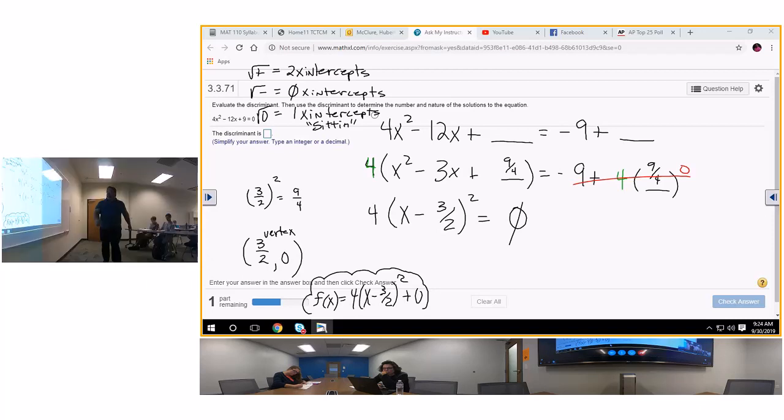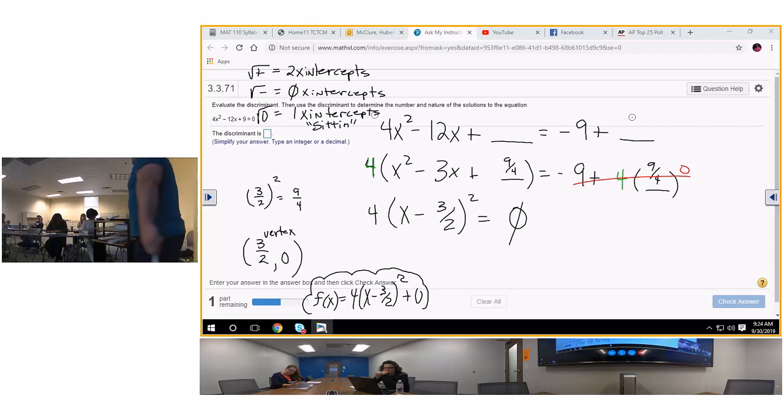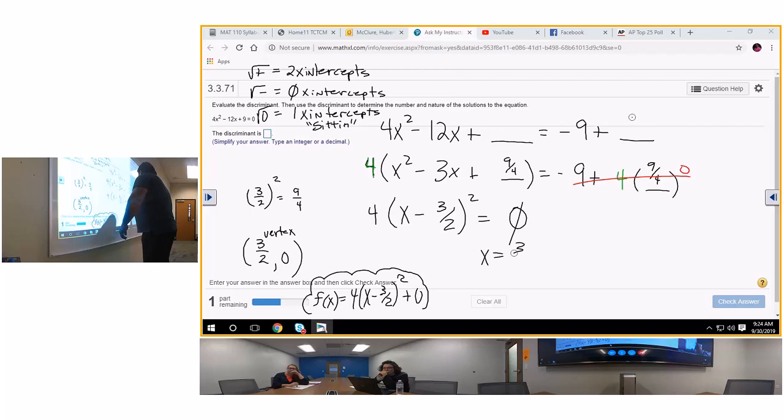What do you get? Well, you divide by 4. I'll do that for you. 0 divided by 4 is 0. Yeah, x is equal to 3 halves.